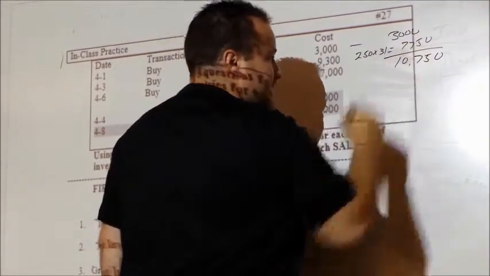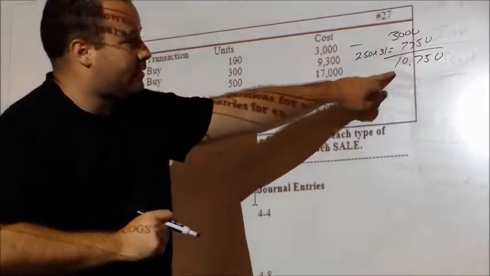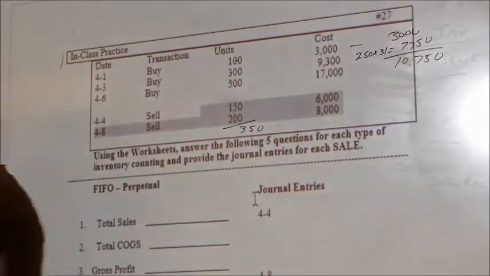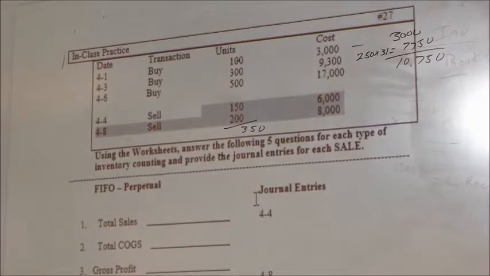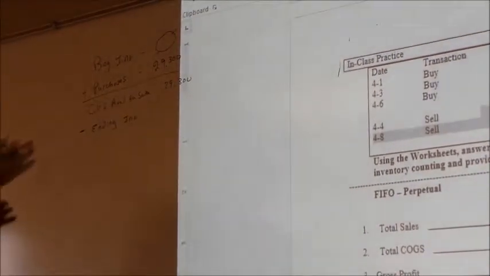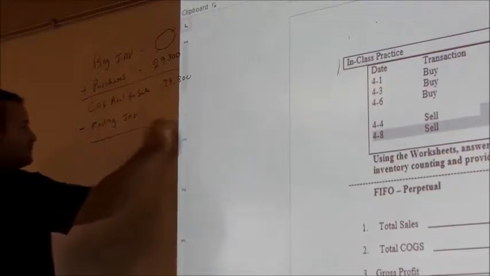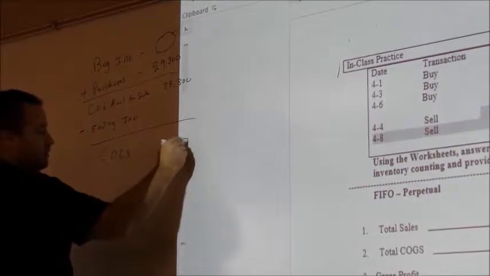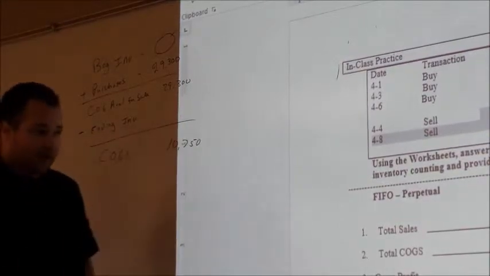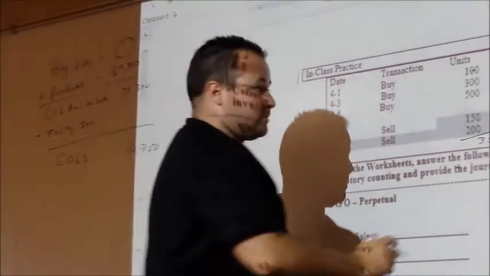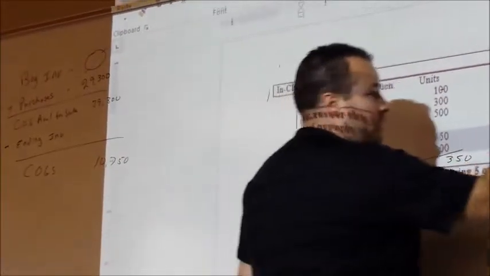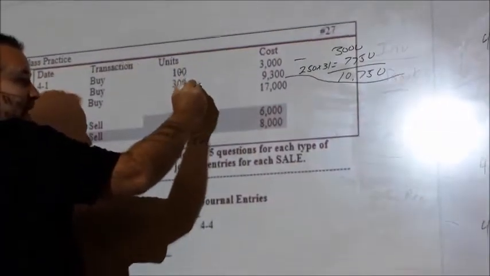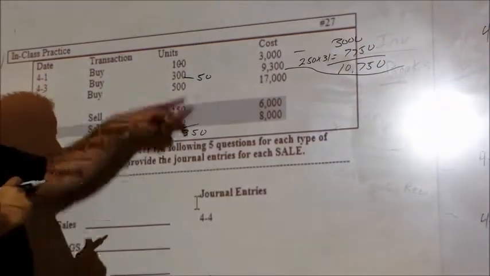You're going to see that this number did match the other way I was doing it. Now that actually gave me, I'm sorry, that actually gave me my cost of goods sold. I could have done it the other way and said, all right, if that's what I had sold, what's left then is 50 items out of here, because I sold 250.